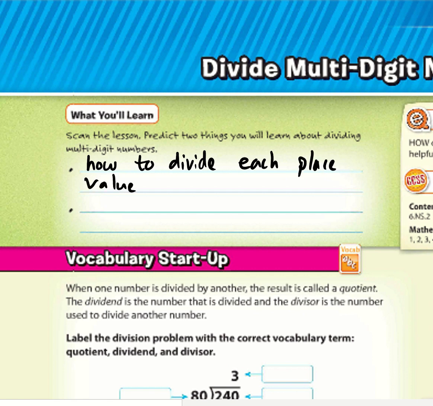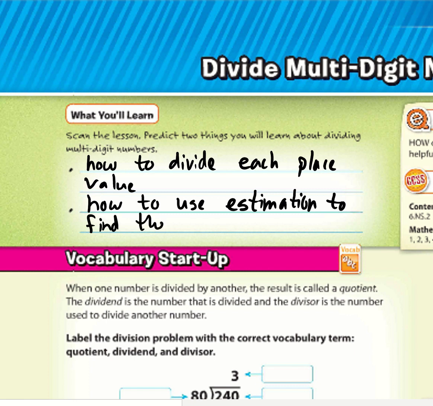And the other thing is how to use estimation to find the number of digits in the quotient.